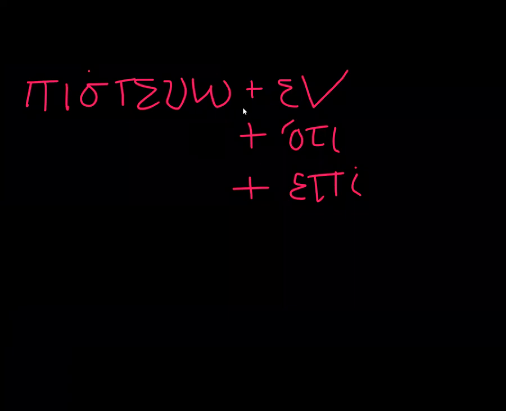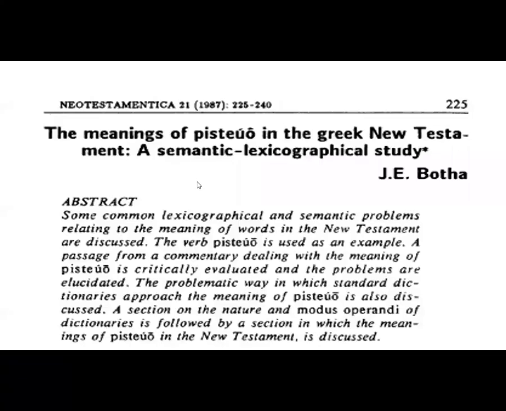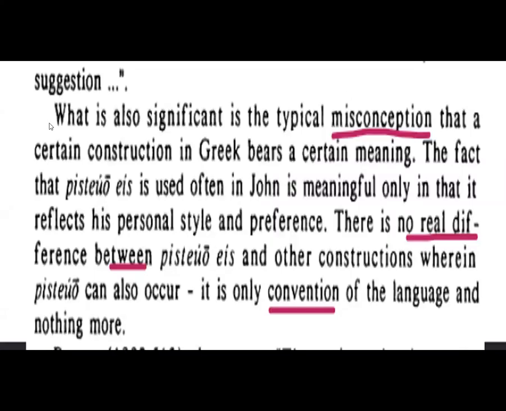But you also got pisteuo plus en, pisteuo plus dative, and pisteuo plus epi. So back to Botha, which we talked about in previous videos, The Meaning of Pisteuo in the Greek New Testament, a Semantic Lexicography Study. He says this: "What is also significant is a typical misconception that a certain construction in Greek bears a certain meaning.